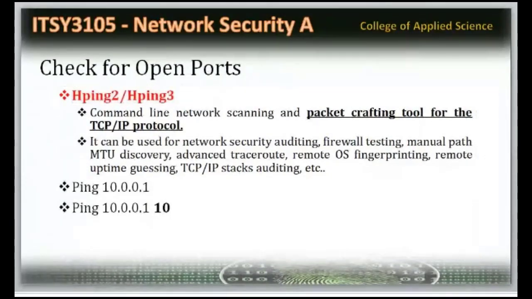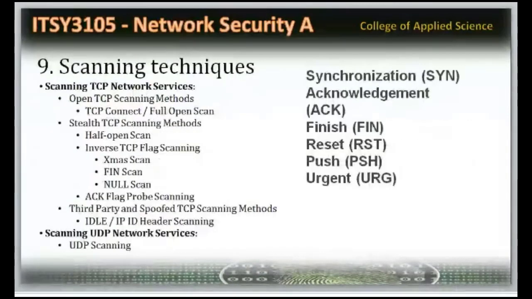Now the next concept: scanning techniques. Already I told you in the beginning, we are going to use the TCP protocol. In the TCP protocol, there are many flags available. These flags we are going to use for scanning techniques.